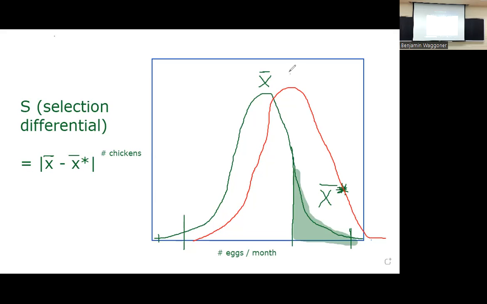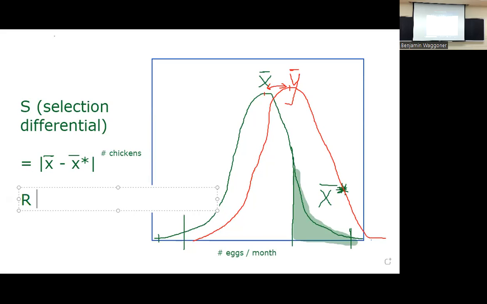So the mean of our new population, we can call Y bar. And the difference between X bar and Y bar, that difference right there, is a measurement of how effective your selection was.